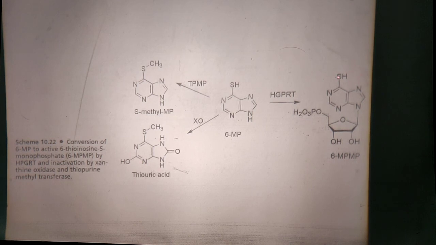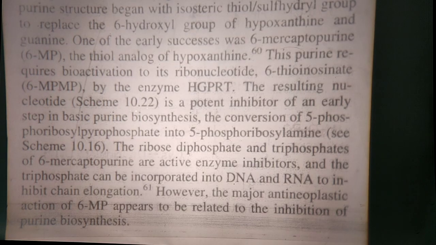The resulting nucleotide is a potent inhibitor of an early step in the basic purine biosynthesis, the conversion of 5-phosphoribosyl pyrophosphate into 5-phosphoribosyl amine.